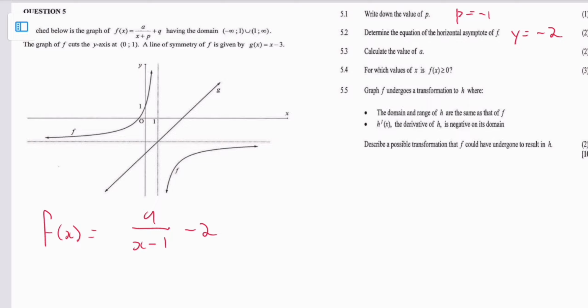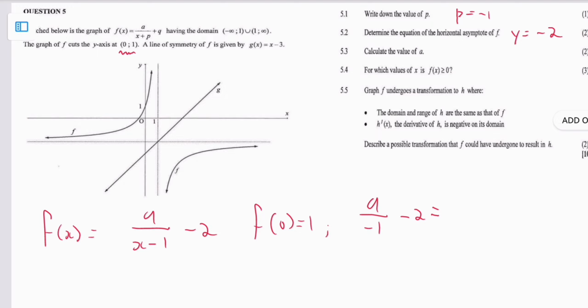And so they ask you to calculate the value of a. All we need to do for this is just take a given coordinate. For example, here the given coordinate is 0 and 1. And we just plug it into the formula and solve for a. So let's do it. If I say f of 0 equals 1, that means a over -1 minus 2 is equal to 1.